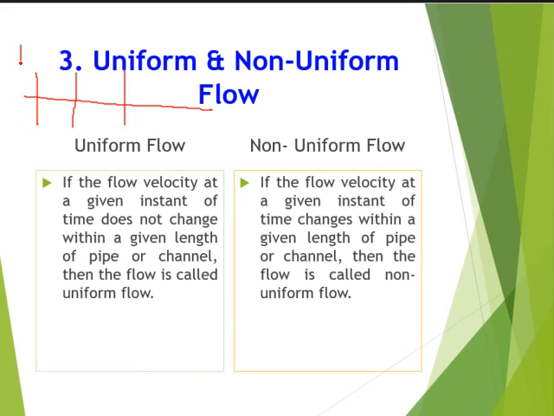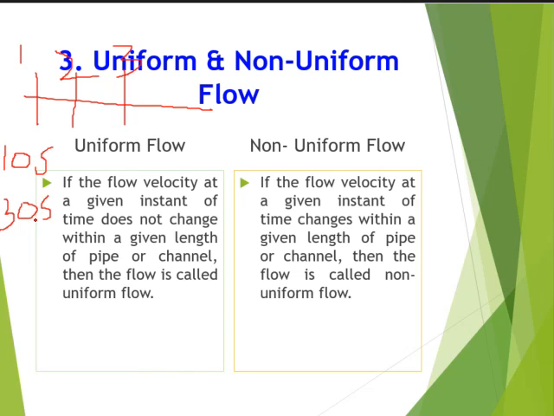It can also be explained with the help of drawing a cross section. For example, this is a cross section of a pipe or a channel. So if these are different points in a cross section and we measure the velocity at all these points at a particular time, for example after 10 seconds, the velocity remains the same at all these points, then it is a uniform flow.